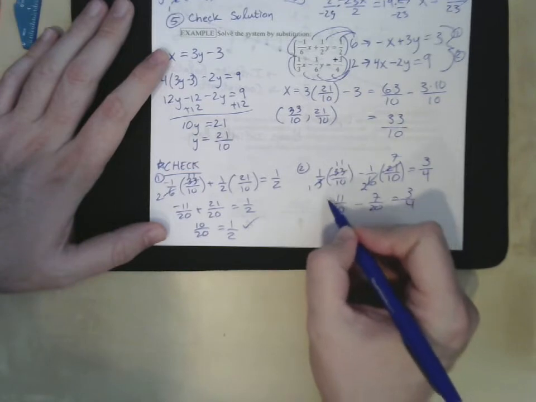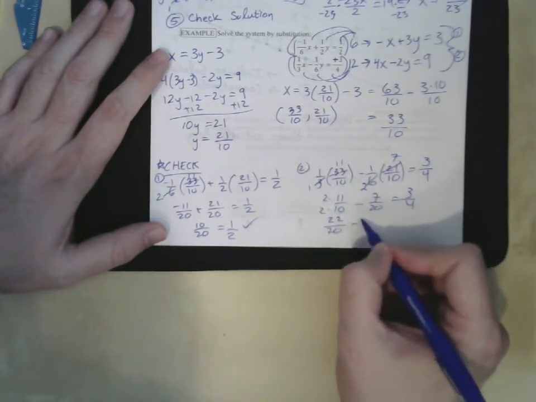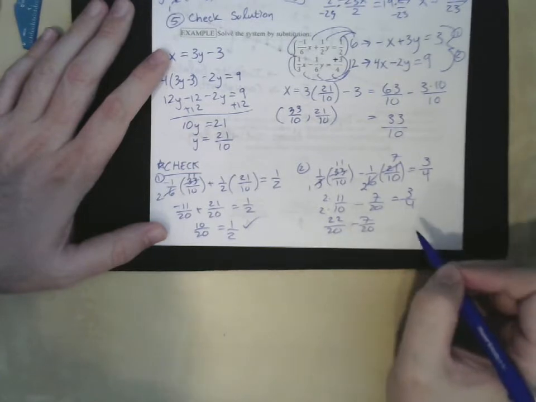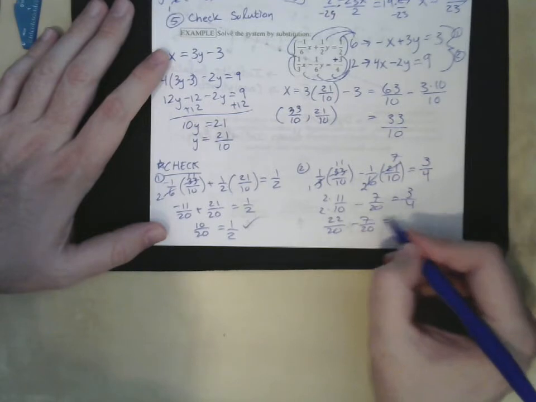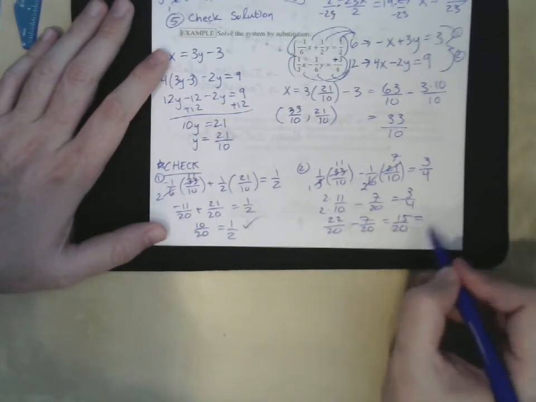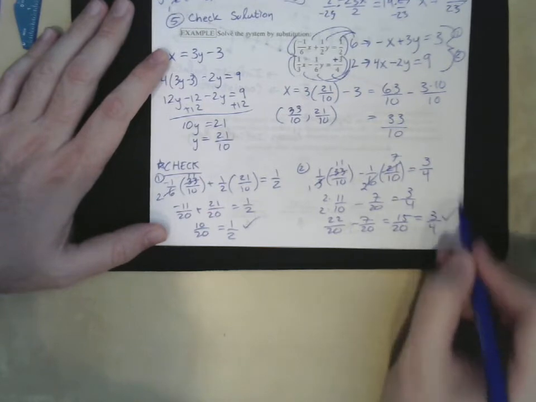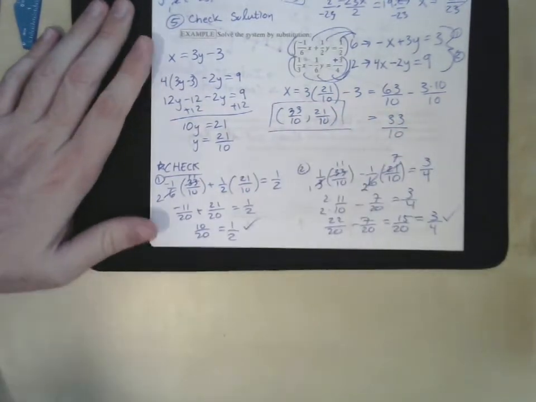So multiplying by 2 here, we have 22 over 20 minus 7 over 20. And this gives us 15 over 20. And reducing that down by 5, we do indeed get 3/4. So our answer is correct.